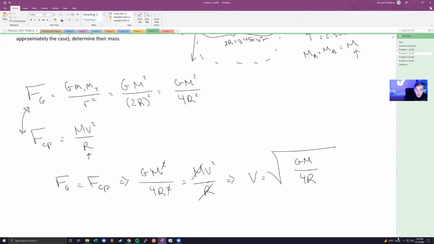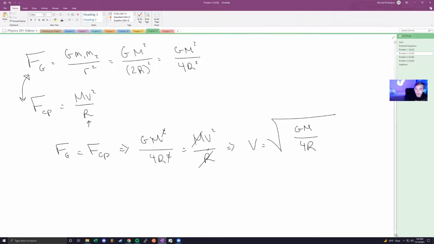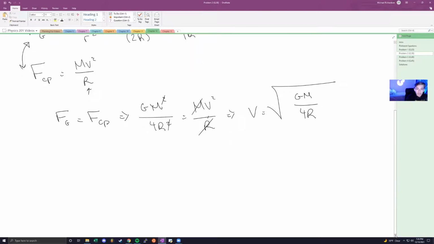So a way that we'll be able to determine the mass is we're going to need to use our period to our advantage. So the equation for our period of a circular orbit is going to be 2 pi over omega. Now omega in this case is going to be v over r.